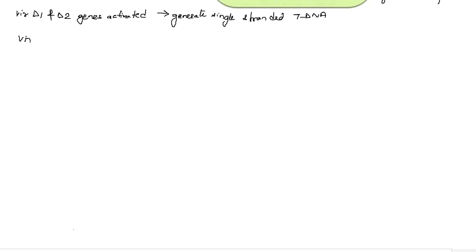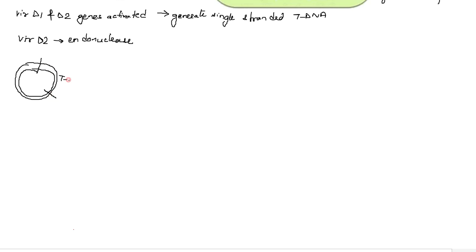Vir D2 acts as an endonuclease. It is going to cut the phosphodiester bond. If this is a double stranded Ti plasmid, this vir D2 is going to cut the phosphodiester bond.